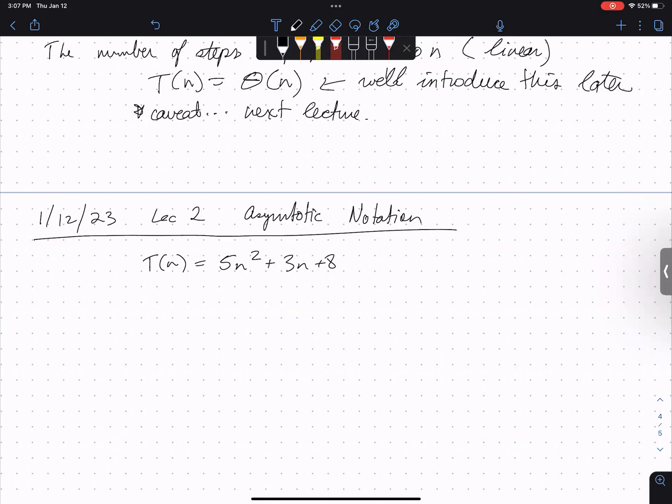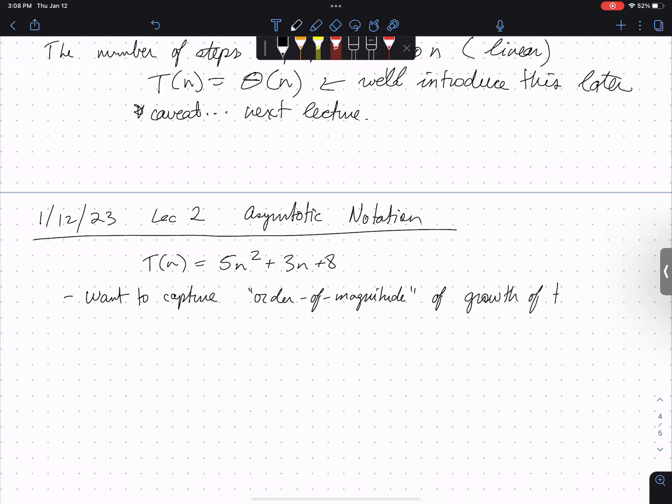Okay, so instead, we want to capture the order of magnitude of the growth of the function T of n.